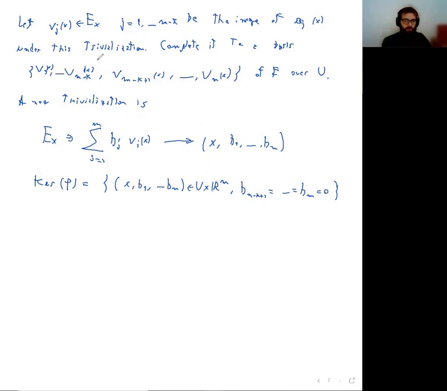Because remember, the kernel is pointwise generated by the first m minus k. So if all these are 0, you are in the kernel, and vice versa. Hence, the map, the same map basically, but we only go to R^(m-k).